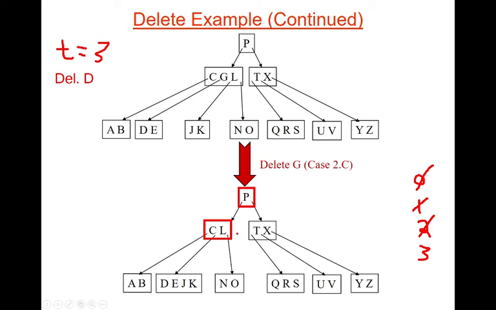So what we will do, we will go to its sibling and see if the sibling has at least t keys. The sibling also has fewer than t keys. So we will merge these two nodes, put here C and L and T and X, and bring P down, right?